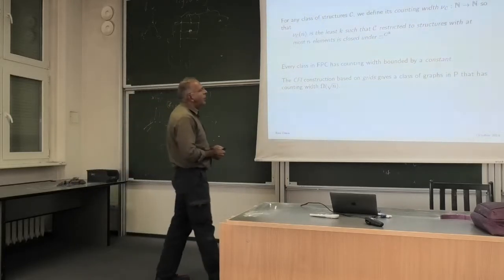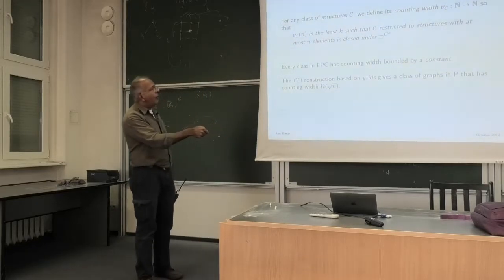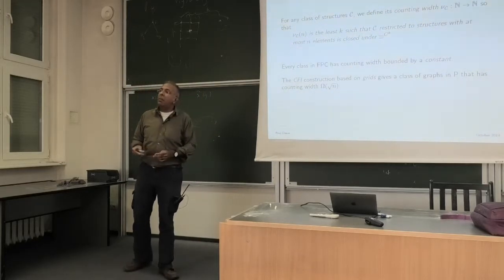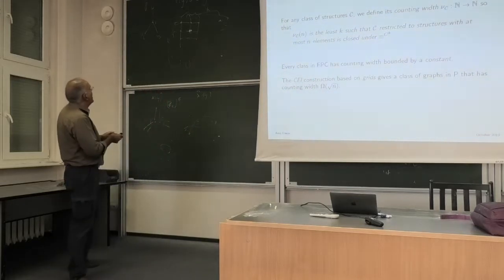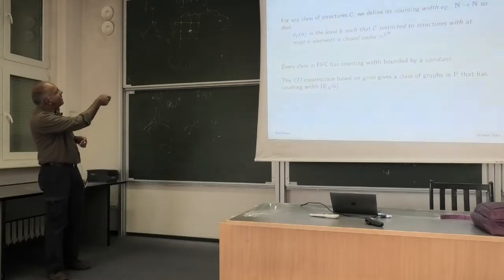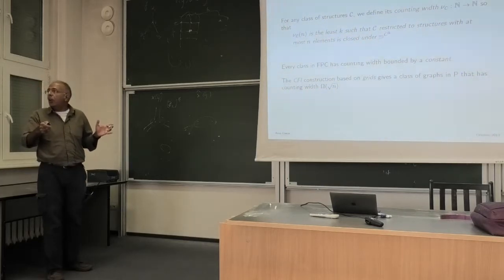The Cipher-Immerman construction that I just showed you shows a class of graphs whose counting width is bounded below by something of order square root of n. Why square root of n? Well, my grids have size k squared. They're 4-regular, so when I replace the nodes in the grid by the gadget, I'm expanding it by some fixed constant size.